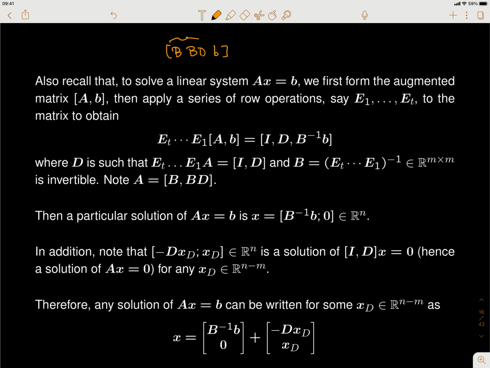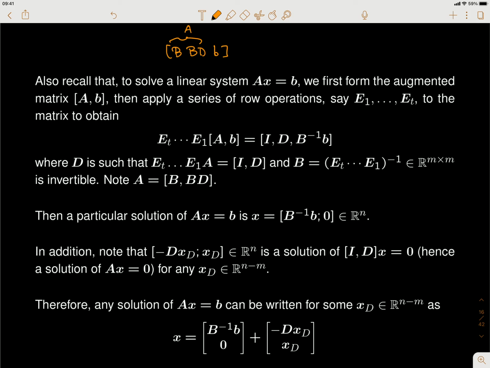So this part here will be A. I'm writing this in this way because we're assuming that the first m columns of A are linearly independent. Because A is a non-degenerate or non-singular matrix, it must be invertible.